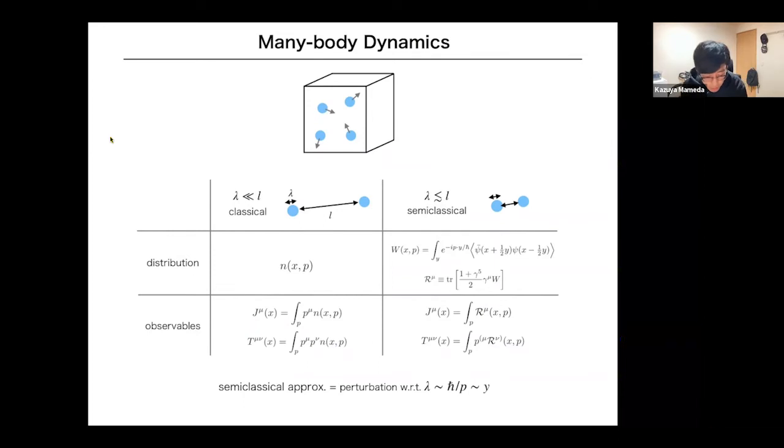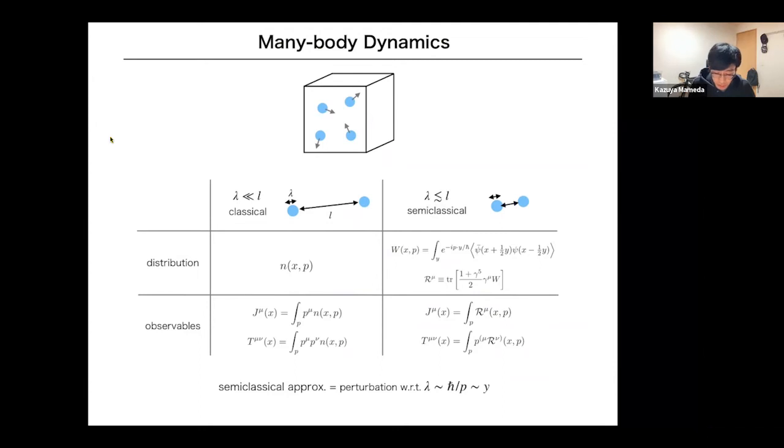And another situation is this one, the semi-classical regime. If lambda is not much smaller than L, then in this regime the wave functions can overlap, or there is interference of the different wave functions.